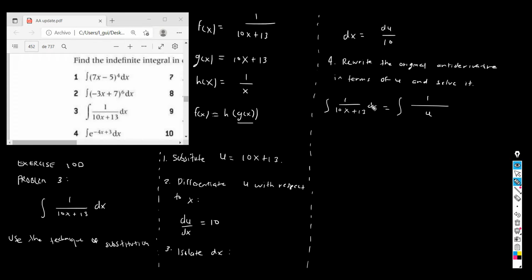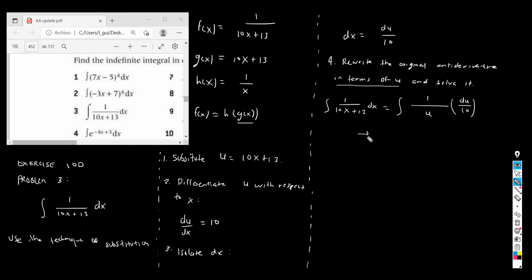And then we have the dx, and the dx, according to this, is equal to du over 10. So I'm gonna paste this. You see? So I'm rewriting the original antiderivative, but now in terms of u. There you go.